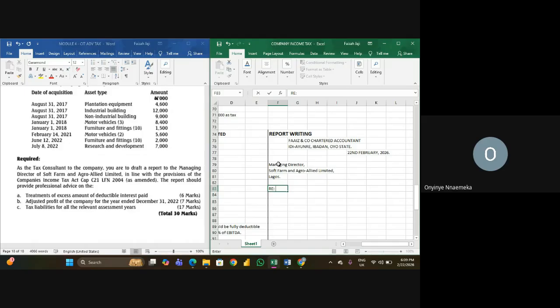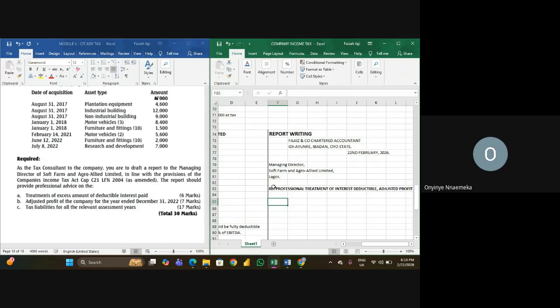Response on professional opinion on treatment of interest deductible, adjusted profit and tax liability. So this is the topic, right?